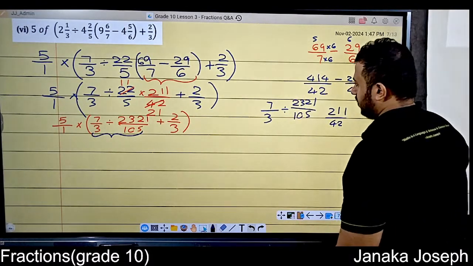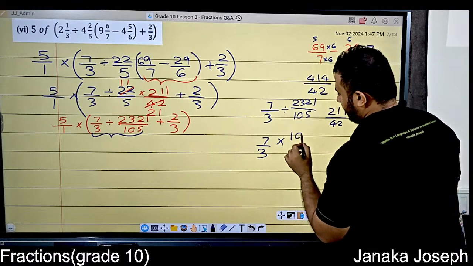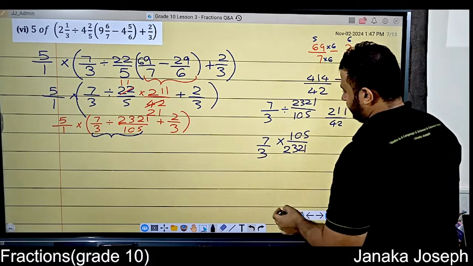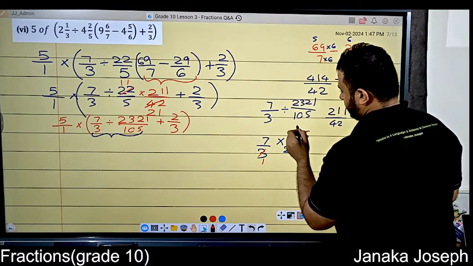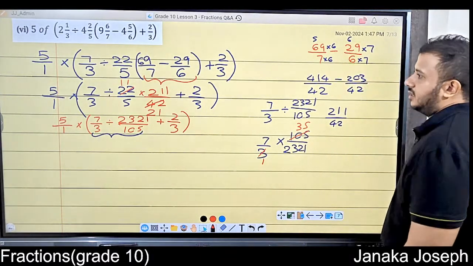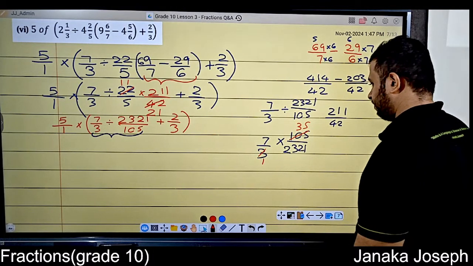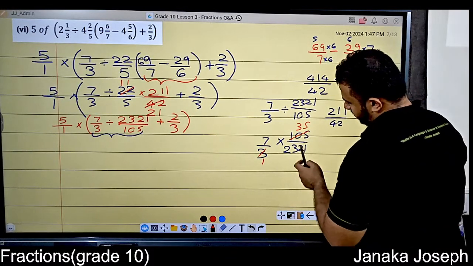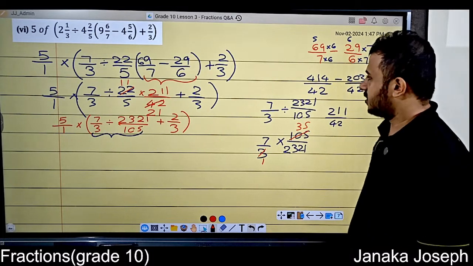So that will give us 7 over 3 multiplied by 105 over 2, 3, 2, 1. 3 times tables 1, 3 times tables 3 with a 5, 35. Anything else which we can simplify here? Will this go to 7 times tables? How many 7s can go into here? 3, 2, no. So that's it there.